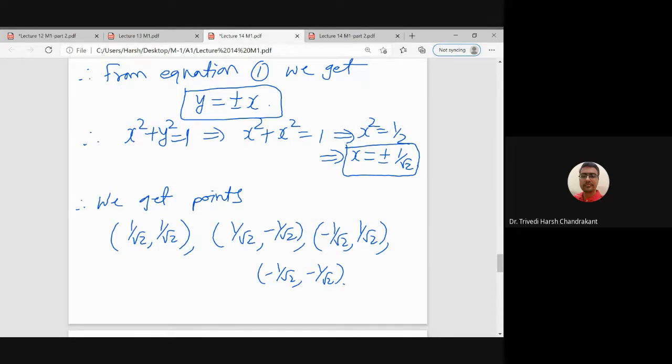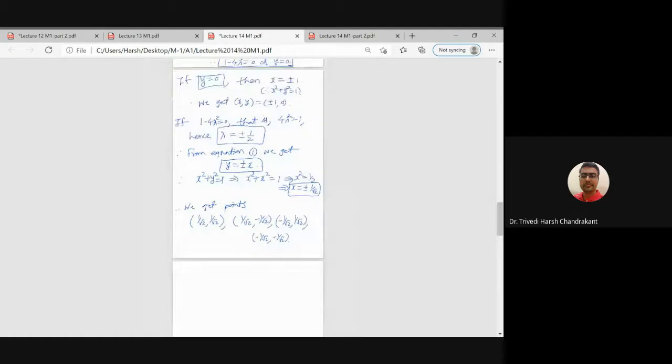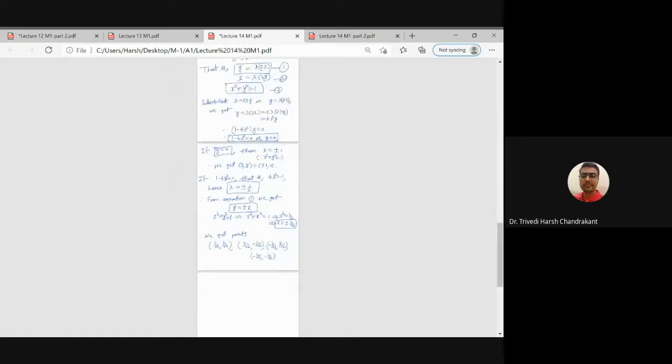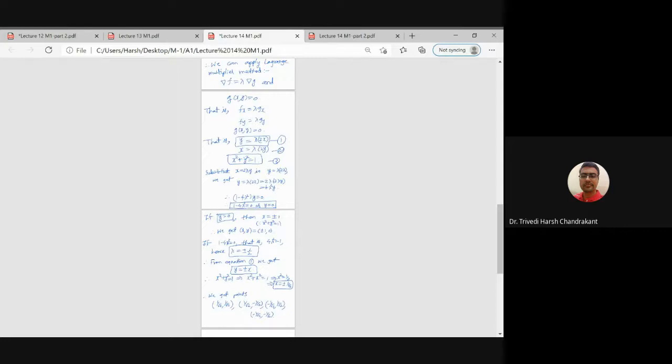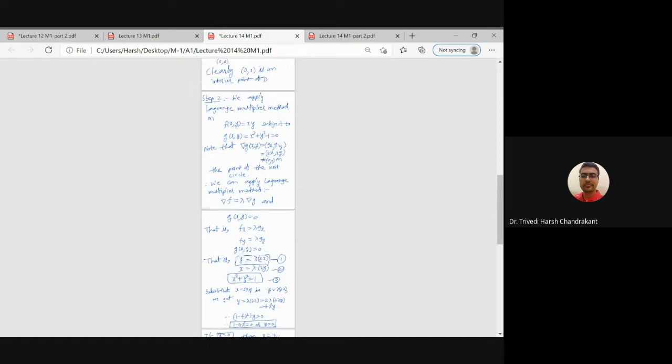So essentially they satisfy the equation of g. So what are these 4 points? These 4 points lie on the unit circle and are solutions to this problem, which is finding either the maximum or minimum value of the function.